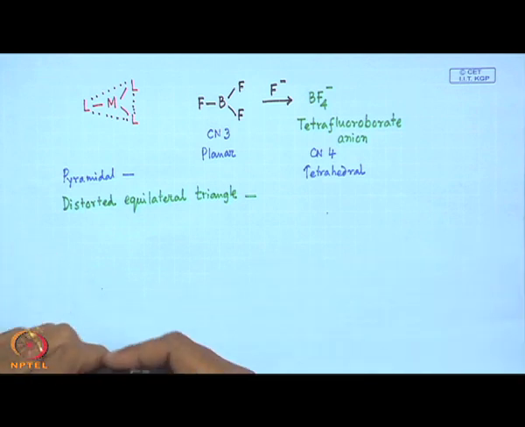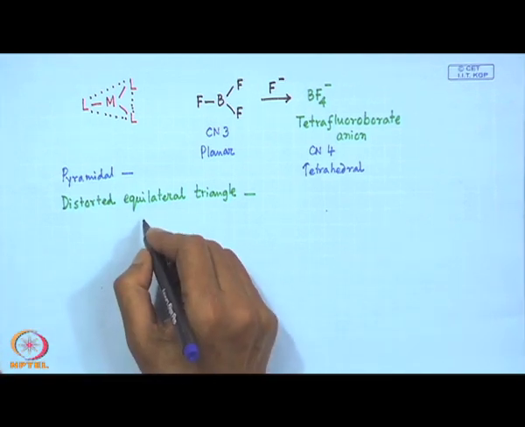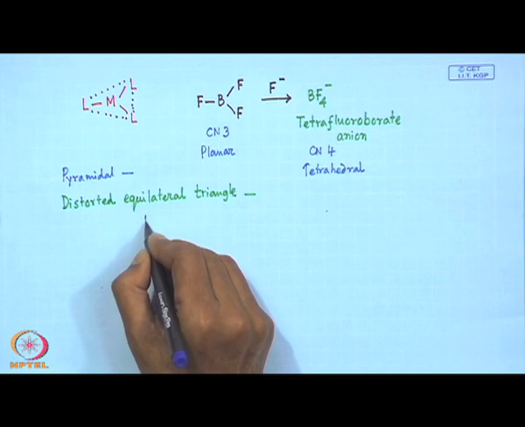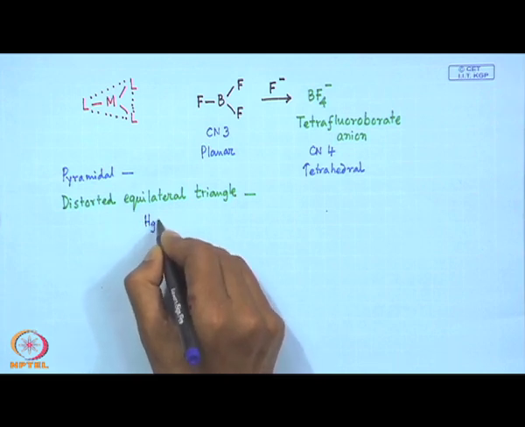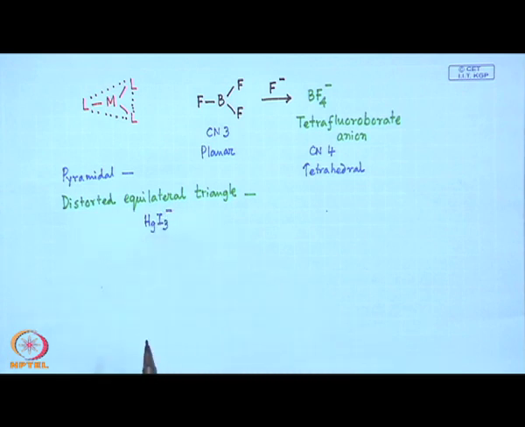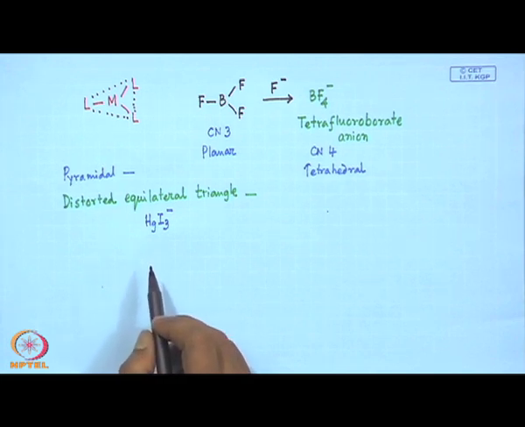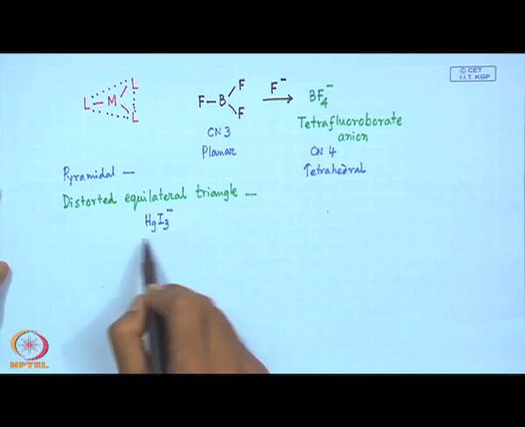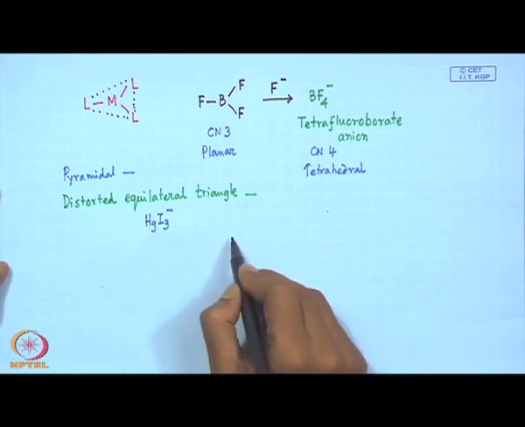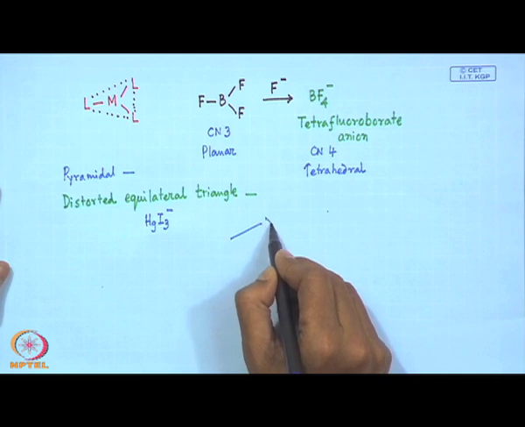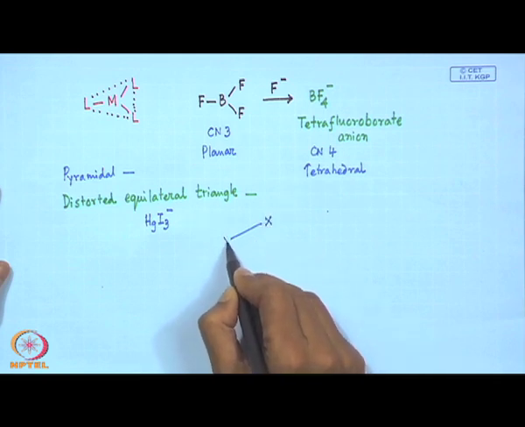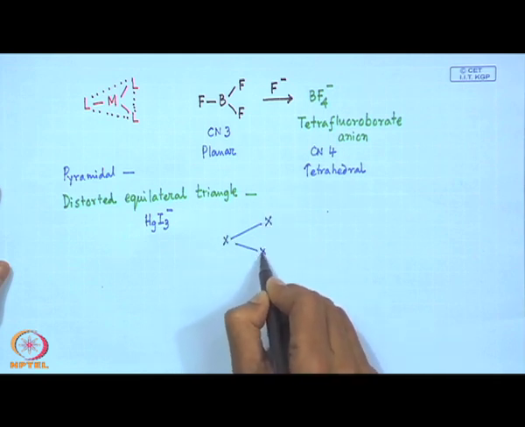And these are also possible with silver triiodide as AgI3 minus, which gives us a distorted equilateral triangle geometry, or sometimes in particular cases this is moving from the planar structure which we can have with the 3 ligands.